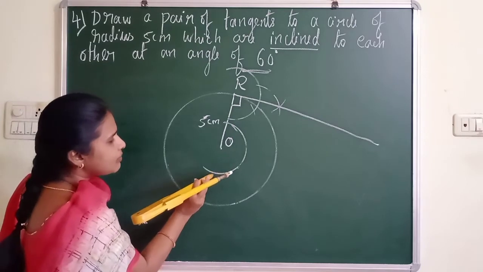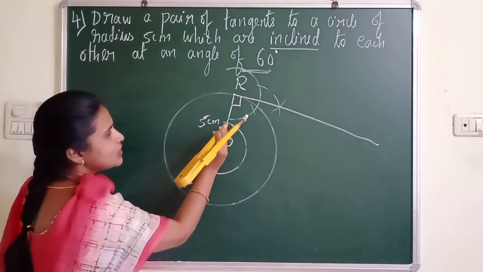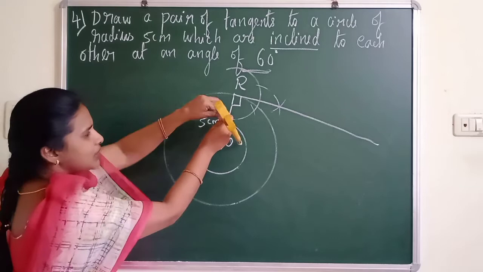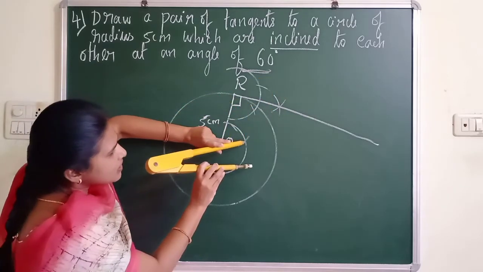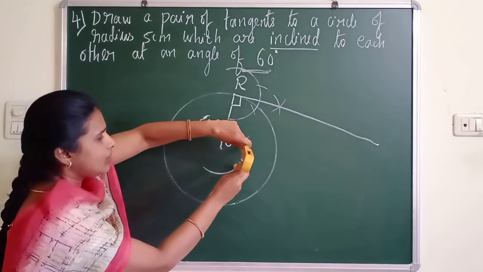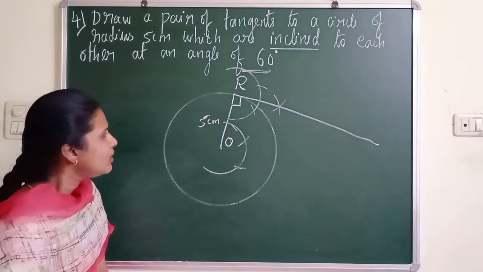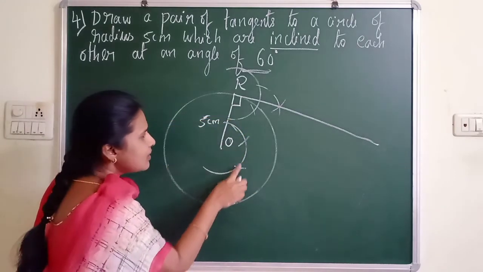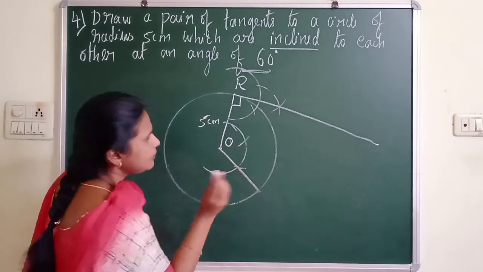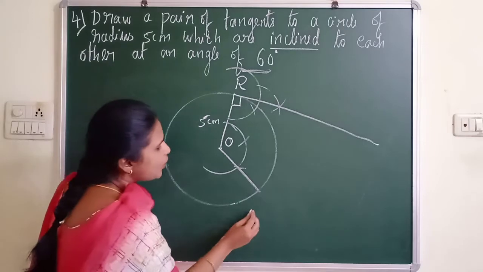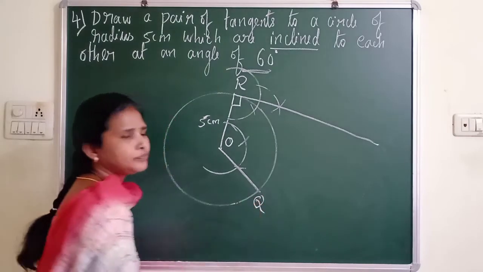You cannot draw from here because I don't have any point of contact here. So here it is a point. So from here it is 60 and again one more 60. From here another 60. So you can see this is a center and this is 60 plus 60 is 120. So now mark this point as Q.